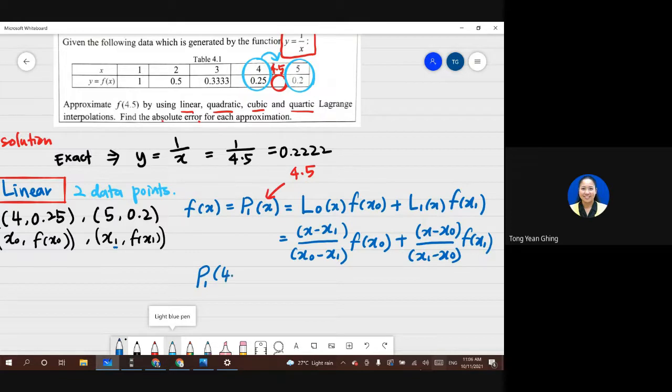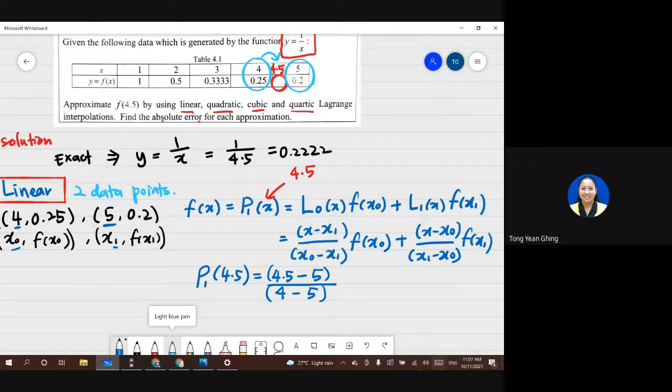P1 4.5 is equal to, so this x is the value, 4.5, minus x1. So x1 is this one, 5, divided by x naught, this one, 4 minus 5.